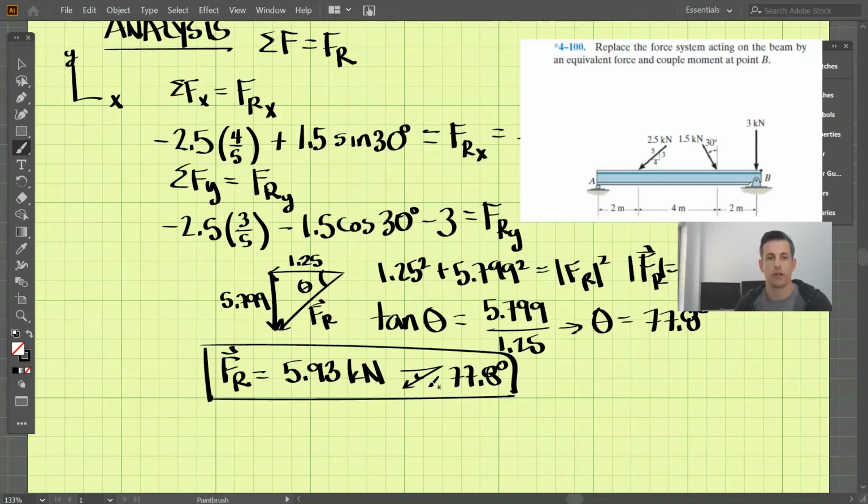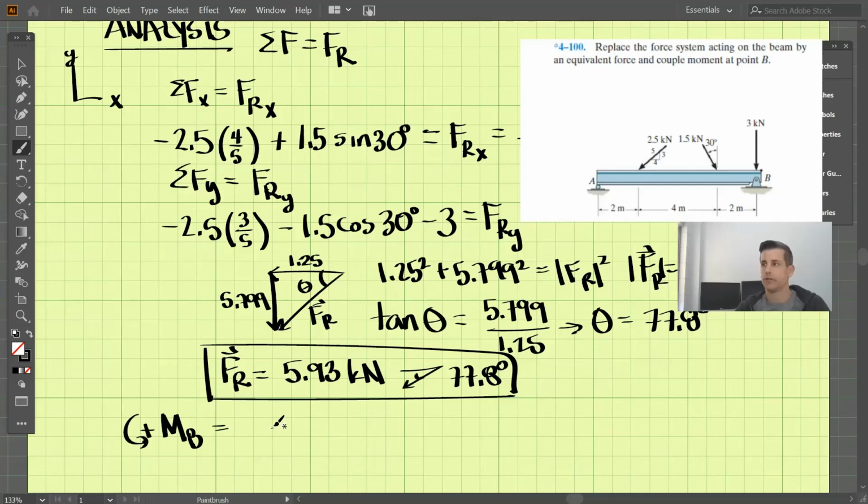We figured out the equivalent force at point B, but now we also need to figure out the resultant moment at B. To do this, we need to figure out the moment at B, and we'll call counterclockwise positive like we normally do.